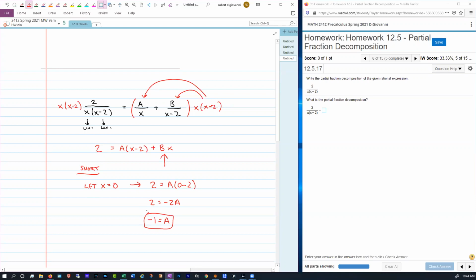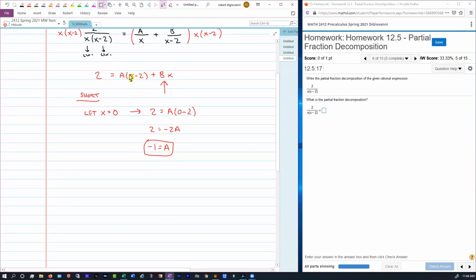Now to figure out what b is, I'm going to let x be 2, and that will kill off this piece. The left side is still 2, I get 0 there, because plugging 2 in here kills all that out, so I just get b times 2. Divide both sides by 2, and you get b as 1.